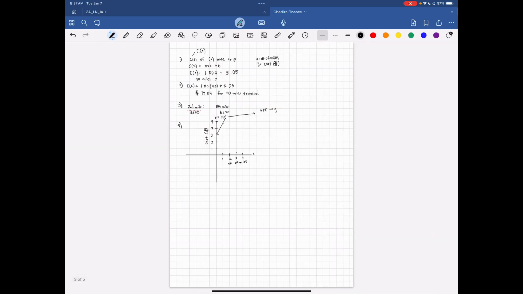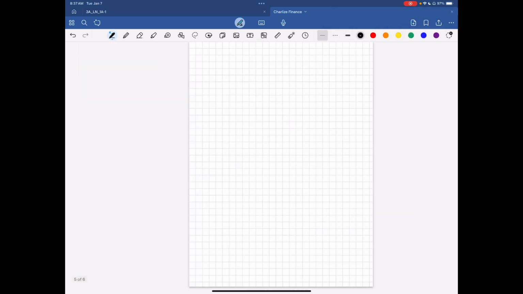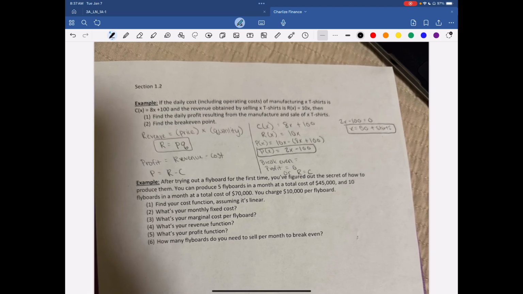So then number three. Number three is asking if the daily cost, including operation costs of manufacturing x t-shirts, when they give an x, it's kind of a hint that the variable or the marginal cost is coming next, but manufacturing x t-shirts is C of x.